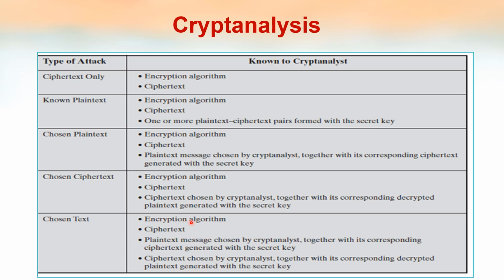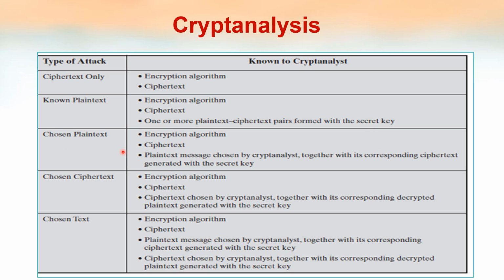We can see from this table, additionally, in each case, what all things the cryptanalyst knows. In ciphertext only attack, the attacker knows only the encryption algorithm and the ciphertext. In known plain text, additional to this, the attacker knows one or more plain text ciphertext pairs formed with the secret key.